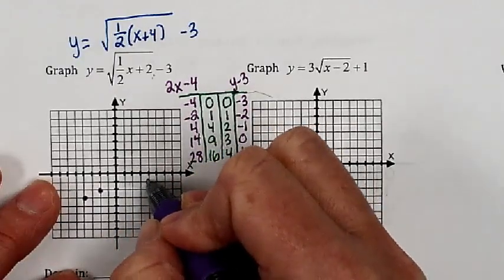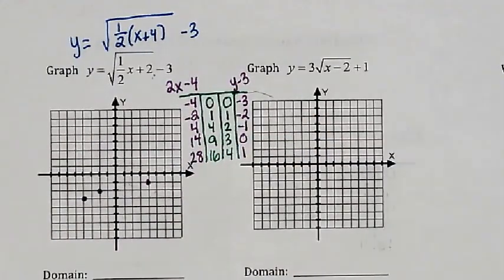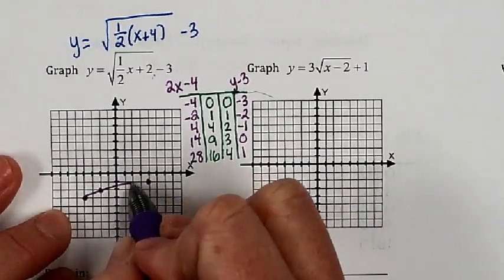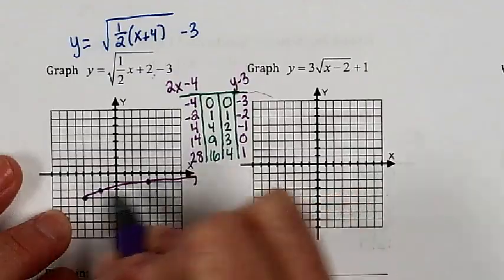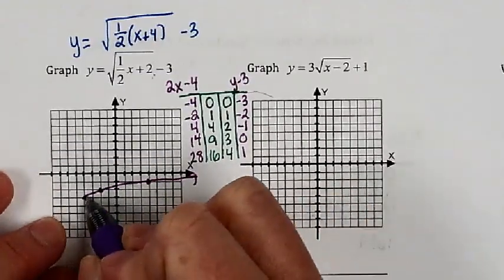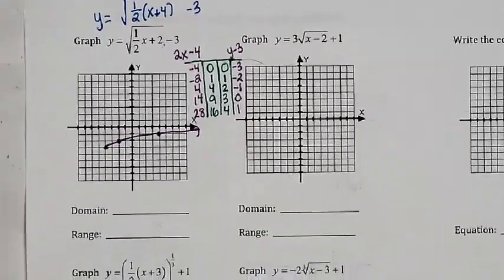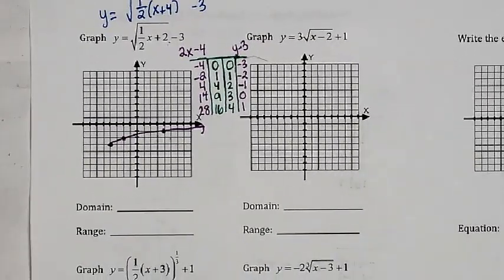The point 14, 0 and 28, 1 is off the graph. So this is what your graph looks like.